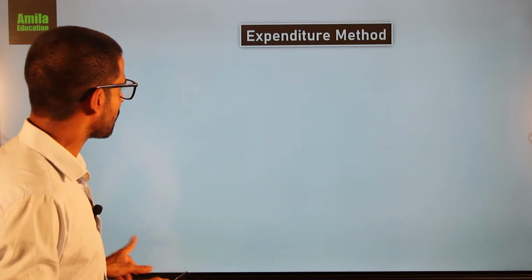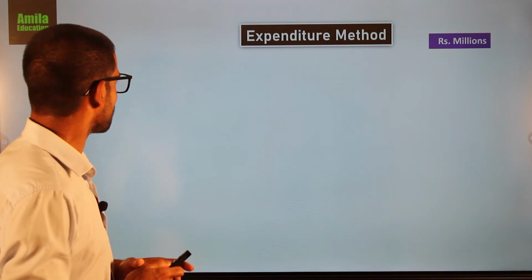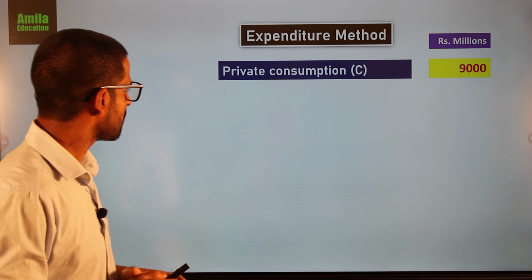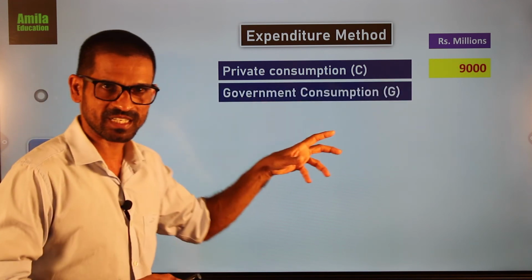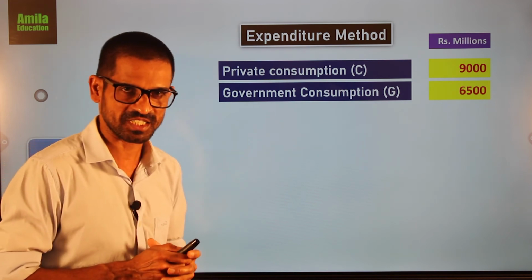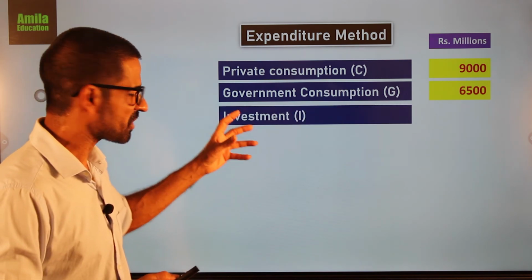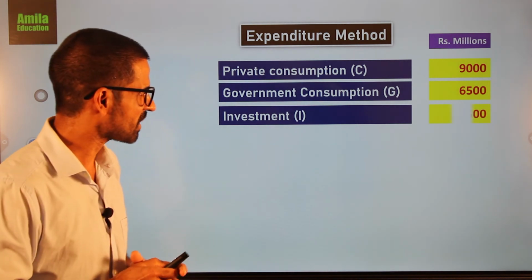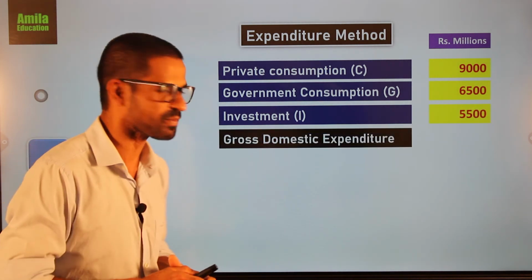So what is the way? First you get private consumption, which is C, and then public consumption or government consumption or government purchases. The letter G represents that. Then investment, that's the firm's purchase or formation of capital goods. Then you reach gross domestic expenditure.